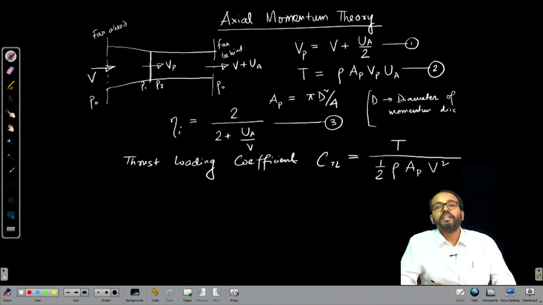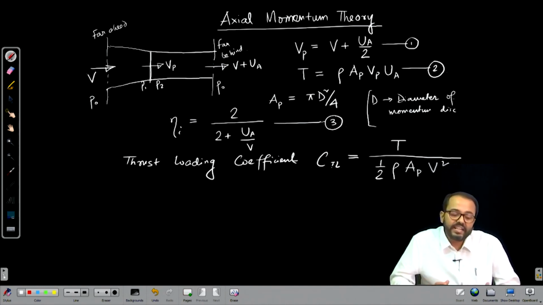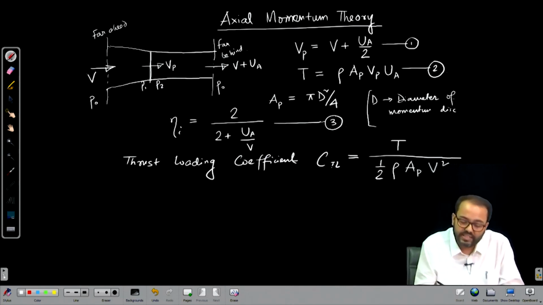So, here V is the reference velocity which we will use to define different parameters of the axial momentum theory. So, for the thrust loading coefficient, we use it to non-dimensionalize the thrust and we will relate it to the ideal efficiency in this particular calculation.